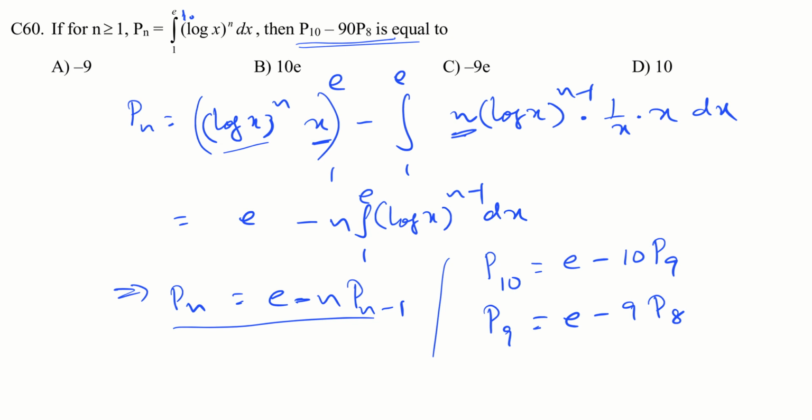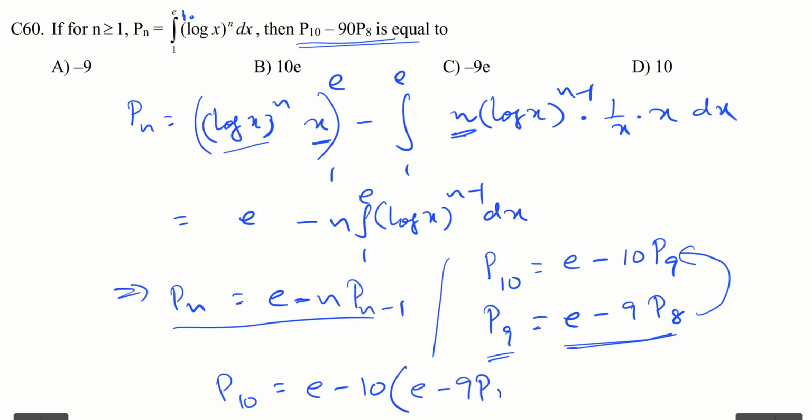Now we use this value of P9 in here. So I get P10 is equal to e minus 10 into P9, which is e minus 9 times P8. So what am I getting from this? Minus 9e plus 90 times P8 I am getting. So from this you have your answer.